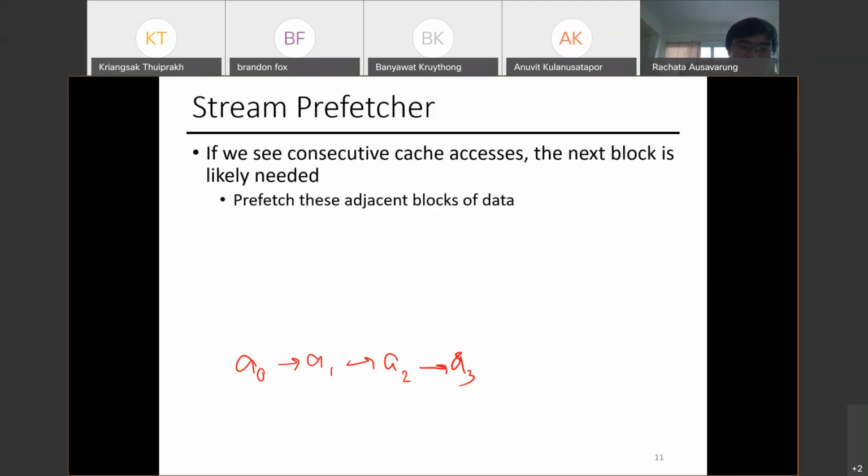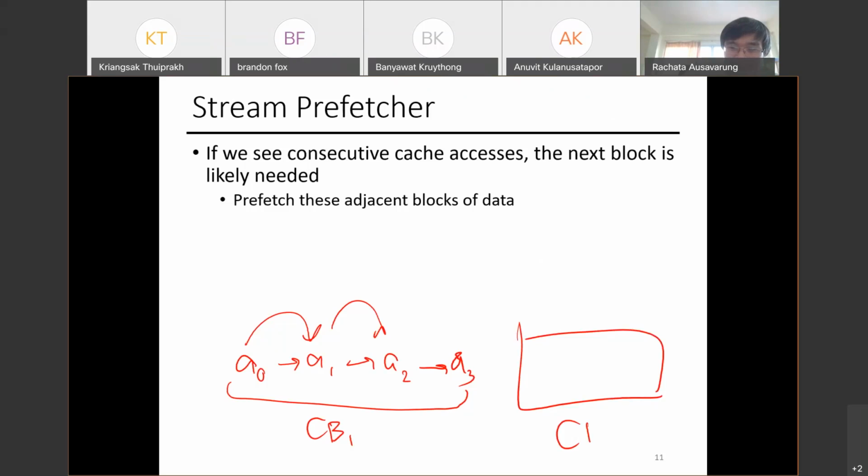And let's assume this is still in the same cache block 1. What you might do is say, okay, I'm doing A0 and A1 and A2, so I know that I'm likely to need cache block 2, which has A4, A5, A6, and A7, right? You bring this in ahead of time. This is the stream prefetcher.